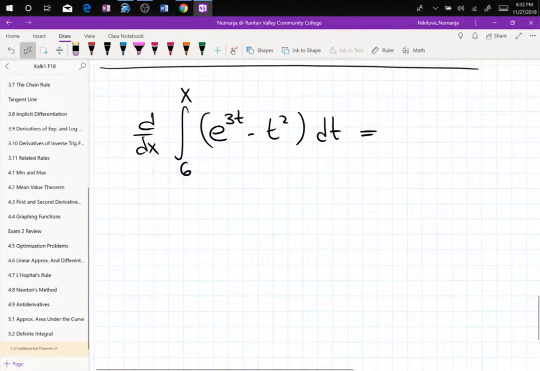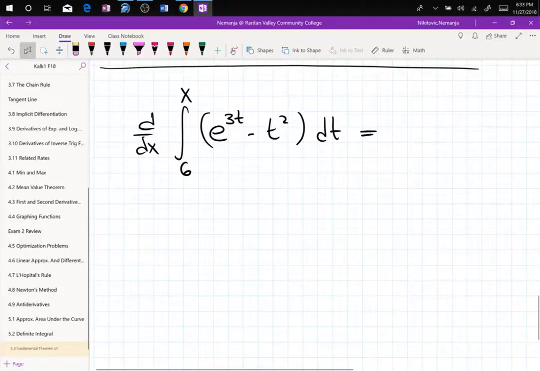What do you mean? T? Yes. E to the 3x minus x squared. Has to be in x's. Good. So you already know the answer. The answer is e to the 3x minus x squared. Done. Right.